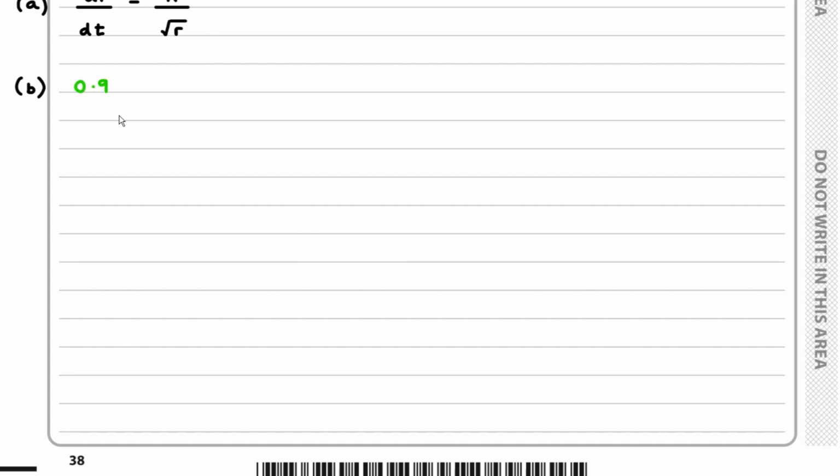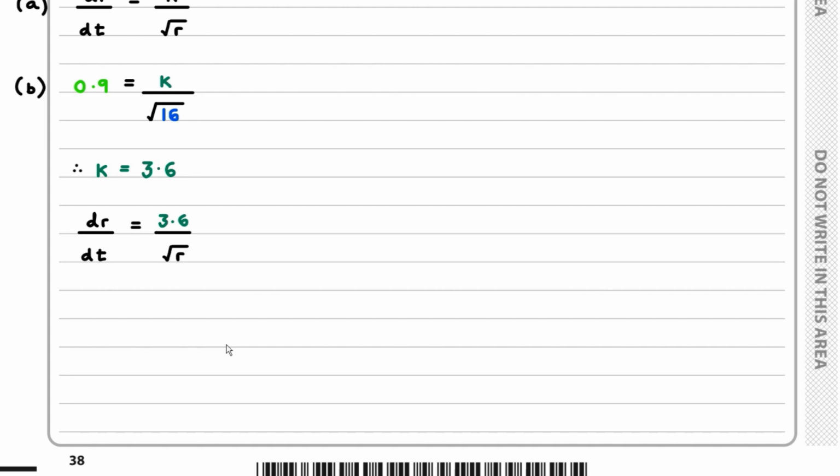So we have 0.9 equals k over the square root of 16. And if I solve for k, 0.9 multiplied by 4 is 3.6. So k is 3.6, meaning dr over dt equals 3.6 over the square root of r.